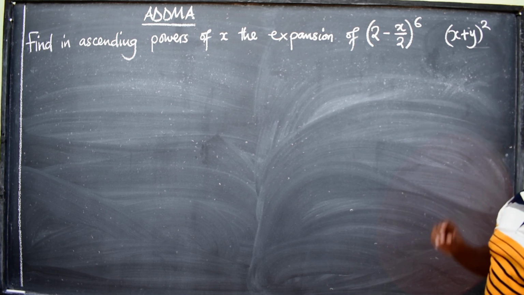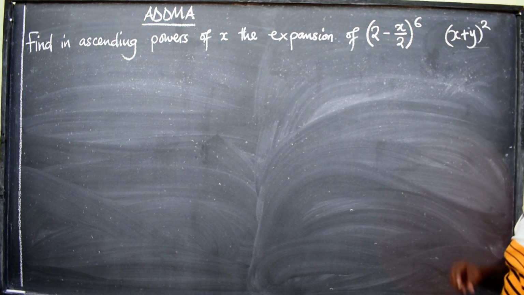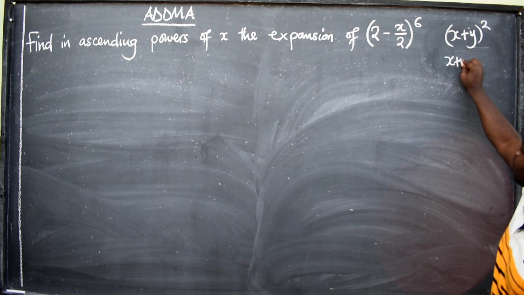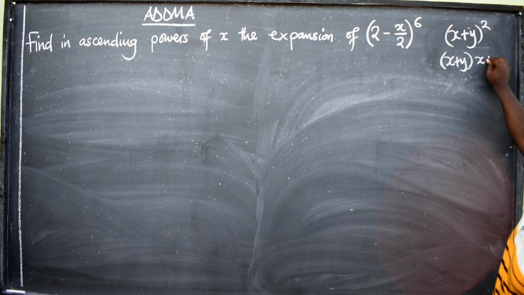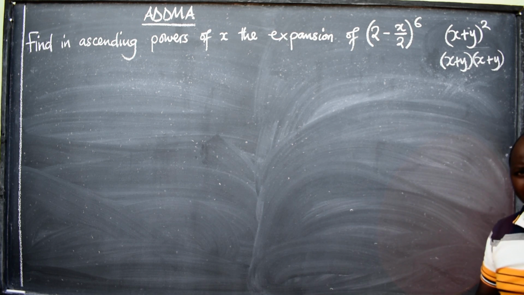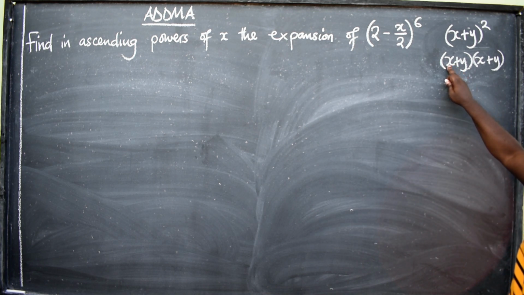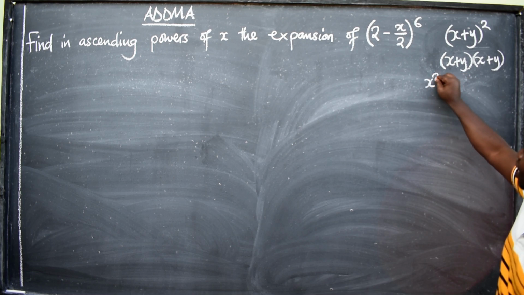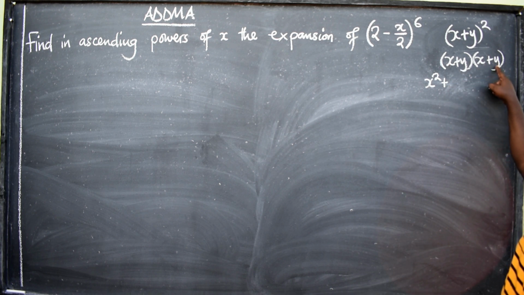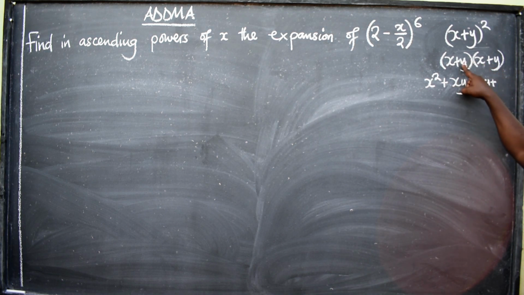So if I want to expand this, since it is to the power 2, I'll be able to say x plus y, another x plus y. That is the meaning. Then I'll carry out the expansion here, which will be x times x will give me x squared, plus x times y will give me xy, plus y times x will give me xy, plus y times y will give me y squared.